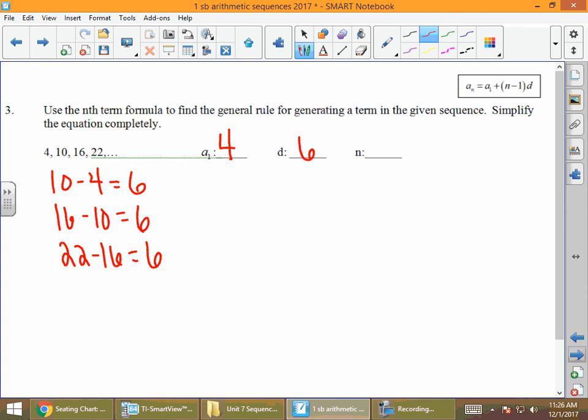So we know enough information here to do that. A sub n, we don't know what we're looking for, equals a sub 1, again looking at the formula that's in your box on number 2, 4 plus n minus 1 times d, which is 6.